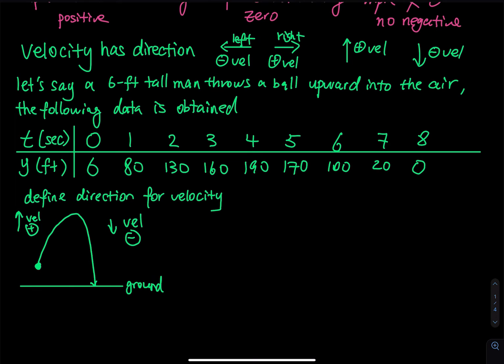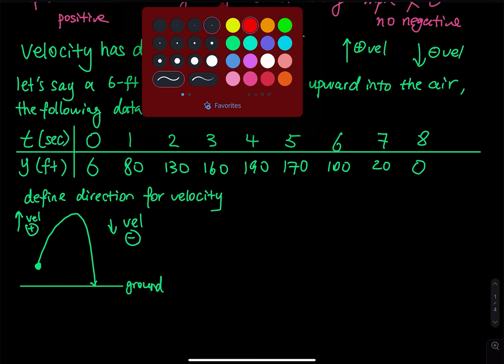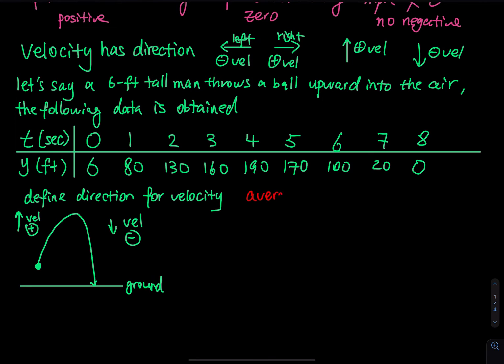For average velocity, I have to give you a formula. So for average velocity, that is equal to change of position divided by change of time.